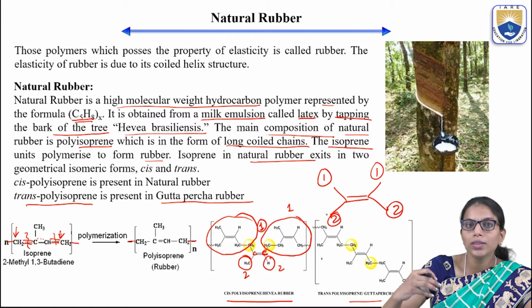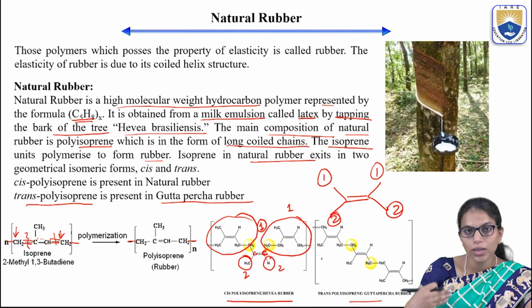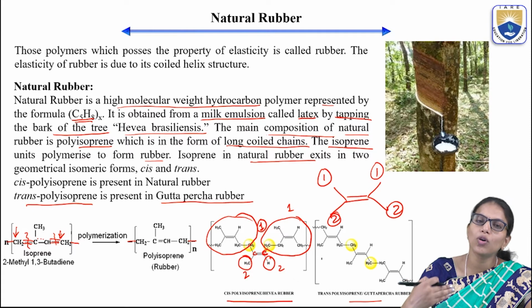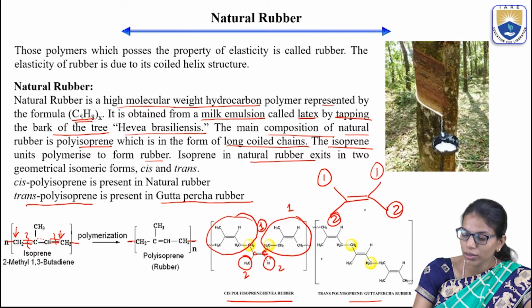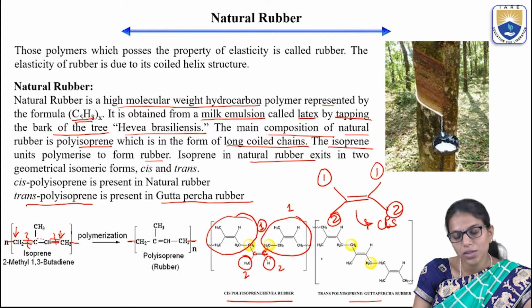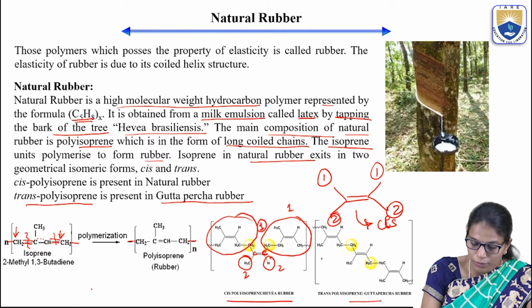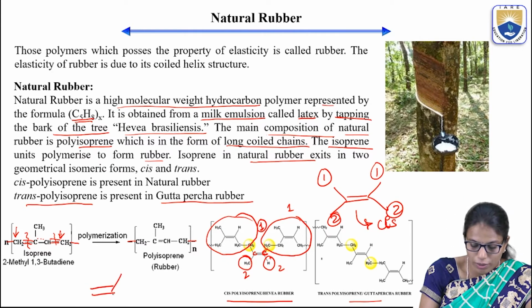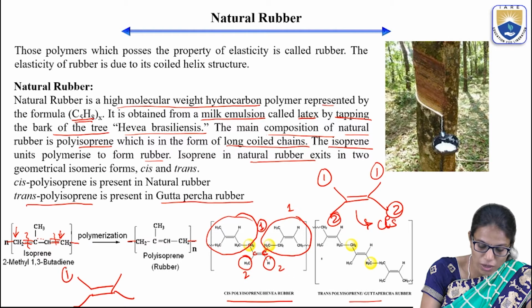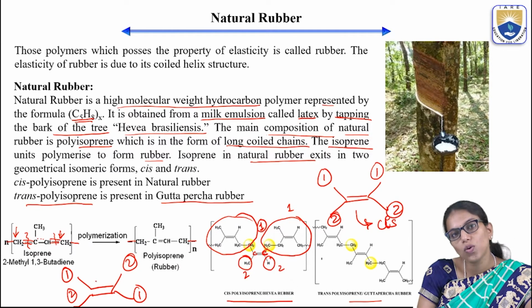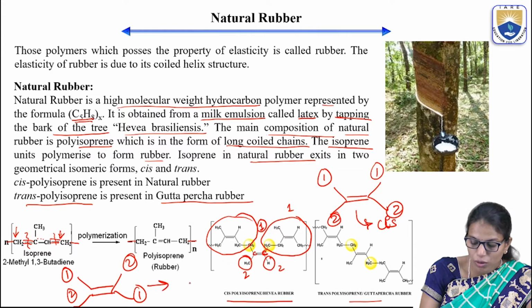Whenever all the smaller molecules are on one side and the heavier molecules on the other side, then that isomer will be a cis, while vice versa, whenever there is a double bond and this is first priority, this is first priority, this is second priority and this is second, so whenever it is in the opposite direction, we will call this a trans isomer.